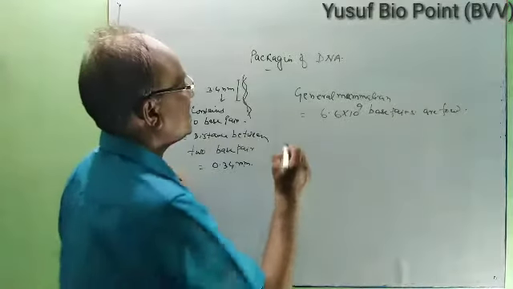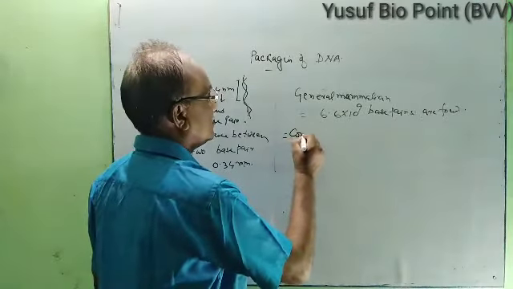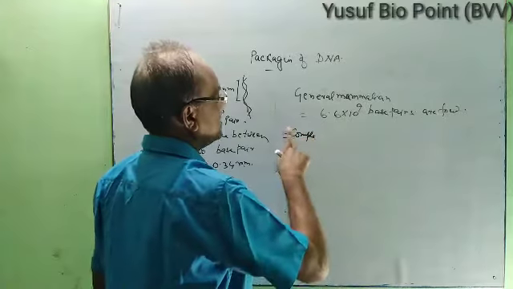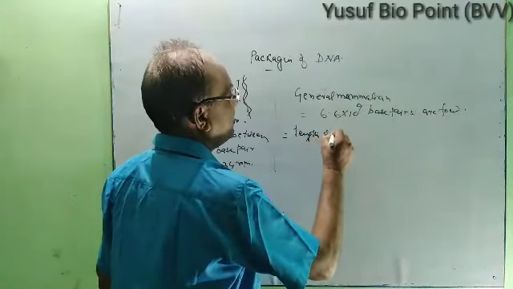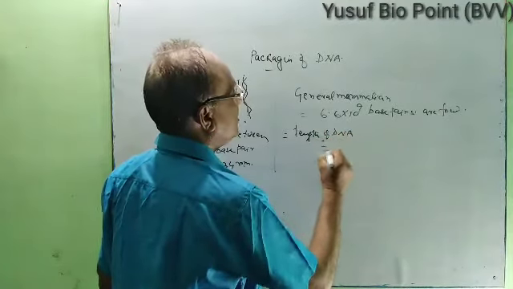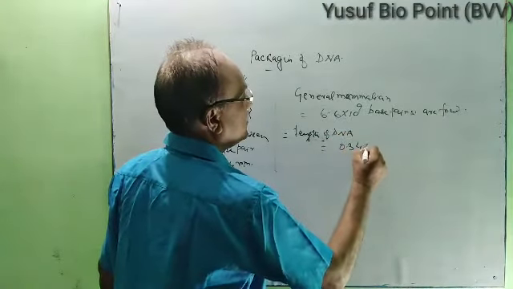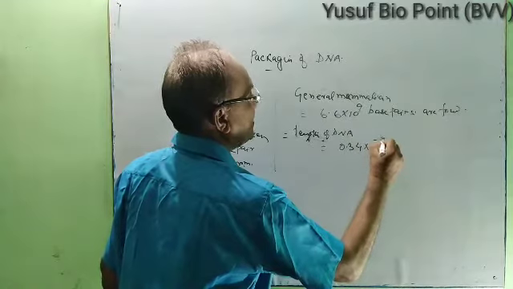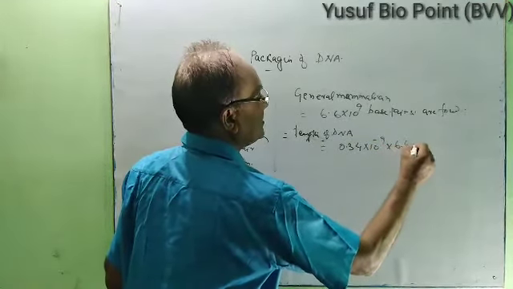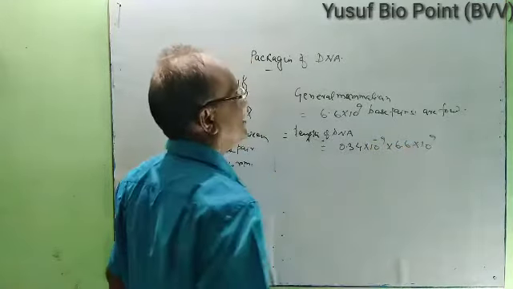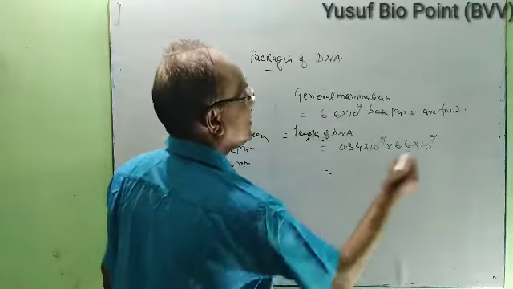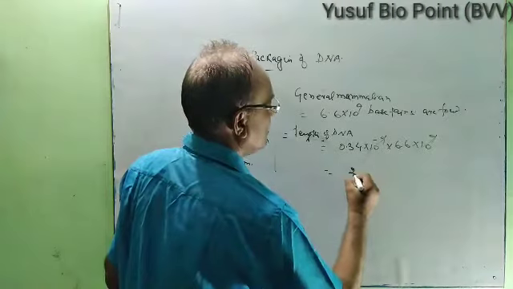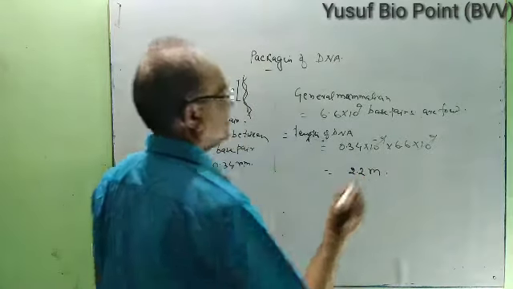So we can say the length of DNA is 0.34 into 10 to the power minus 9 into 6.6 into 10 to the power 9. Understand? This will be cancelled. So this means about 2.2 meter.